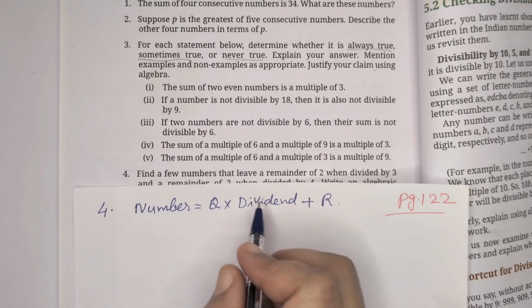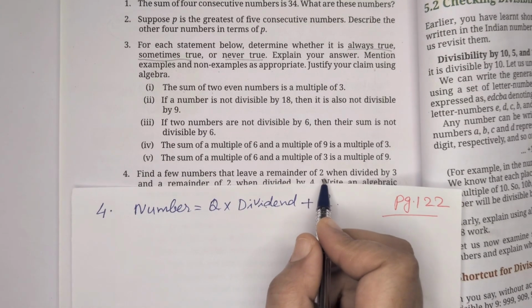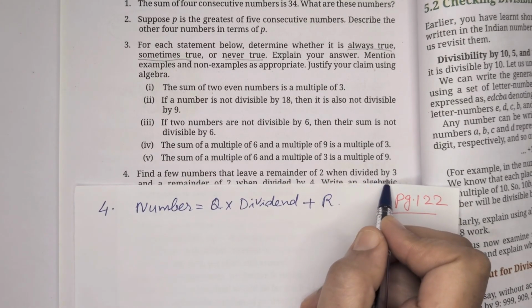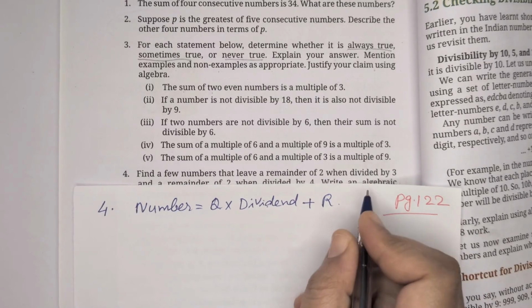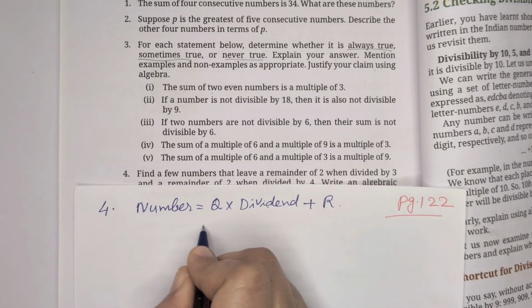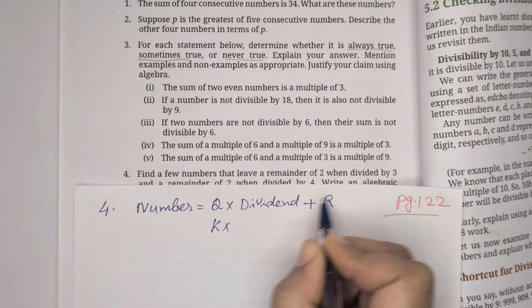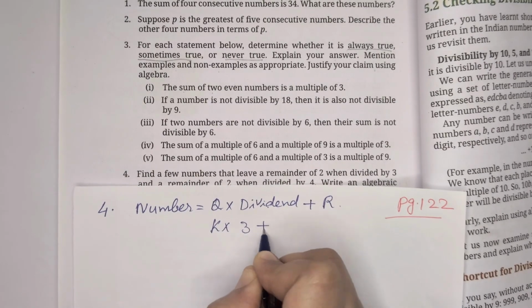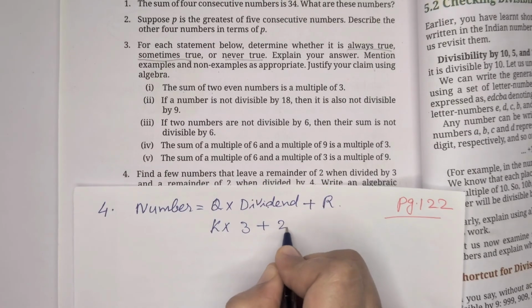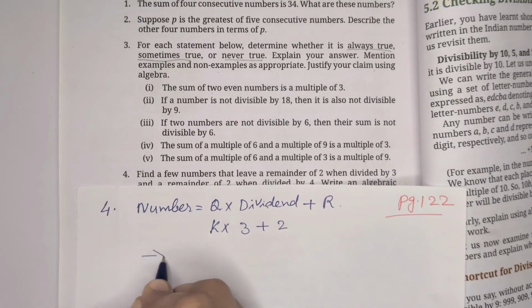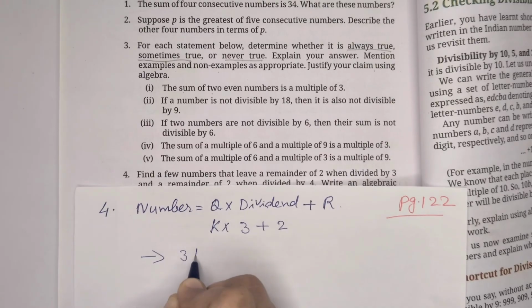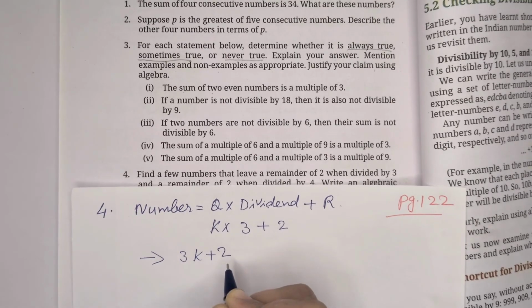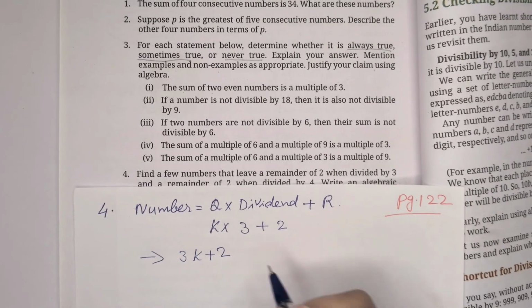So here the remainder is 2 when divided by 3. The quotient we can take as k, so divided by 3 plus remainder 2. So we can write the number as 3k plus 2, as the expression.